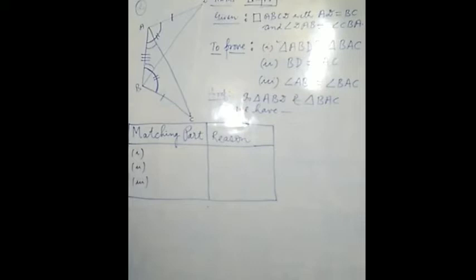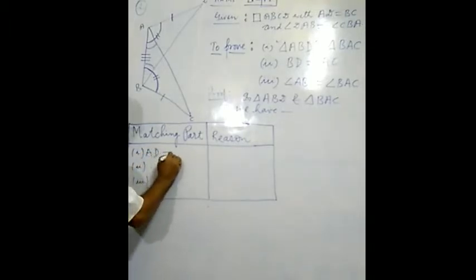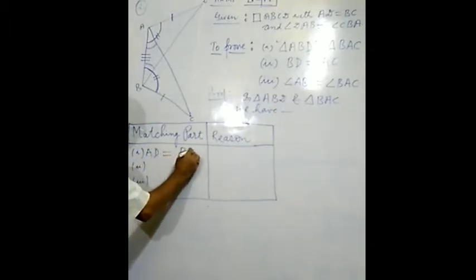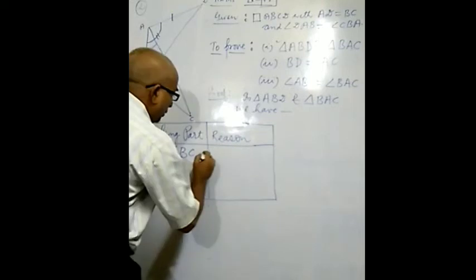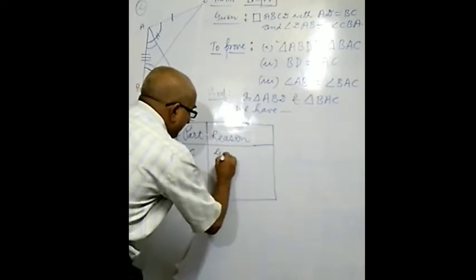The first matching part is AD equals BC. And how do we know this? This one is already given in the question. So here we have to write down the reason: given.